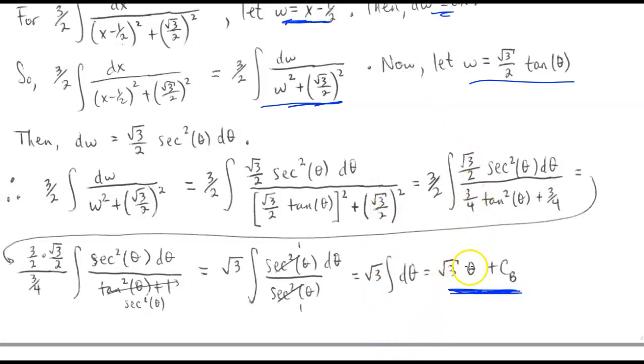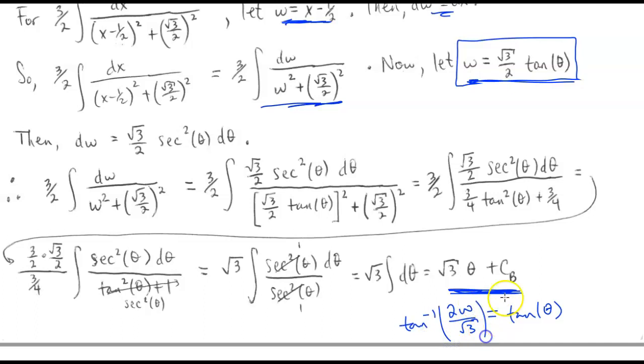And of course, theta, if we think about it here, we could solve for theta just using this particular equation there. So if we were to solve for it, it would actually just be 2w divided by square root of 3, and that would equal tangent theta. And then, of course, if we did tangent inverse of that, that would actually just end up being what theta is.